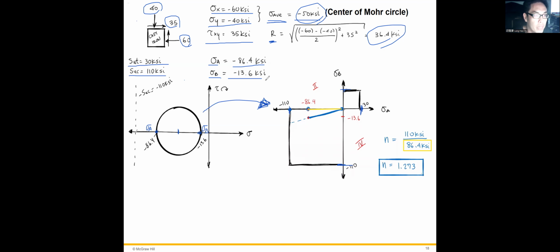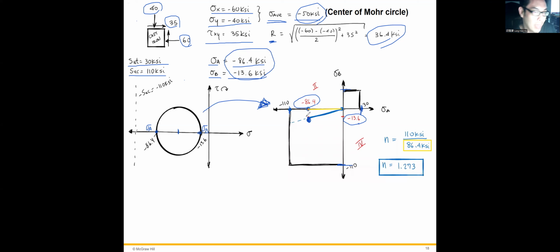We already calculated its principal stresses: sigma A is minus 86.4, sigma B is minus 13.6. Therefore, the stress condition is located in the third quadrant right here.